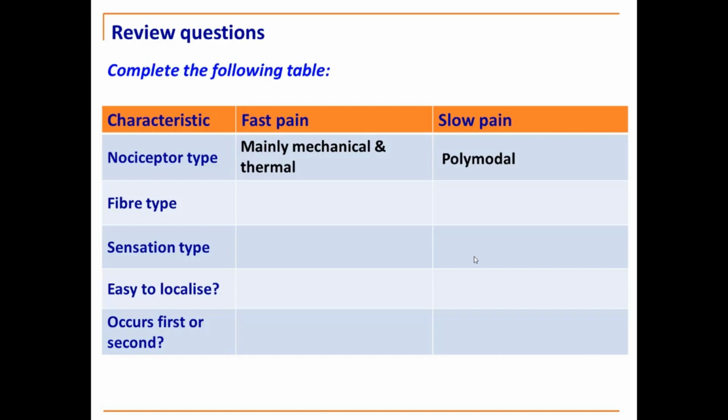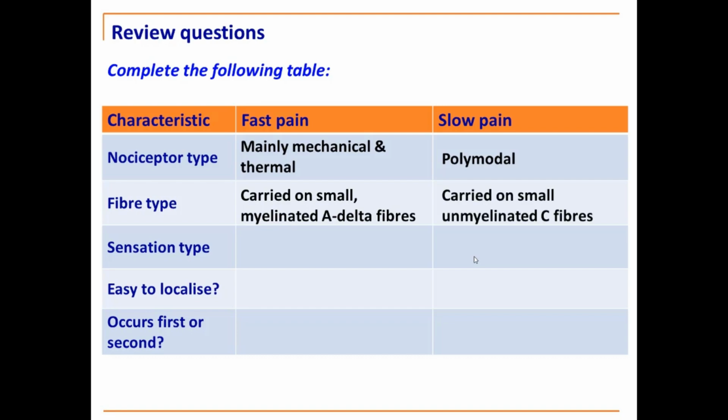What about the fiber type? Well, the fiber type for fast pain is those small myelinated A delta fibers. So they're myelinated, making them nice and fast. And of course, you've got the slow pain carried on the unmyelinated C fibers, so not as fast. Sensation for your fast pain is sharp and prickly, whereas the slow pain is dull, aching, and burning. Easy to localize?